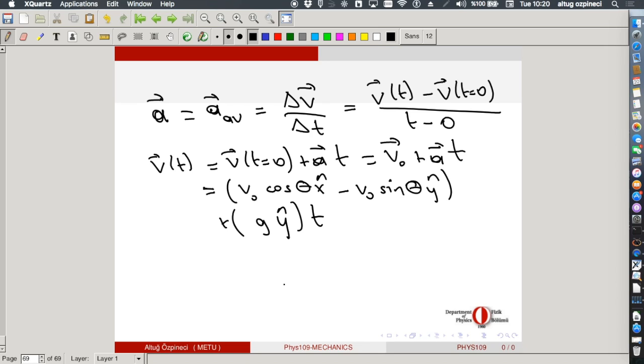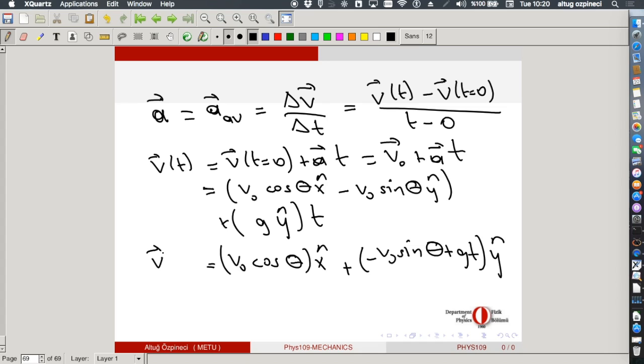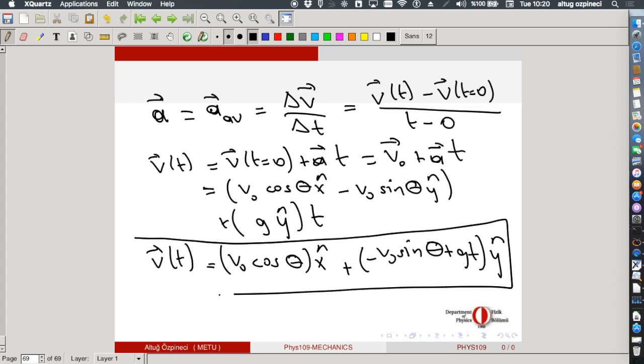So this is equal to v0 cosine theta in the x direction plus minus v0 sine theta plus gt in the y direction. So this is the velocity of my object as a function of time.